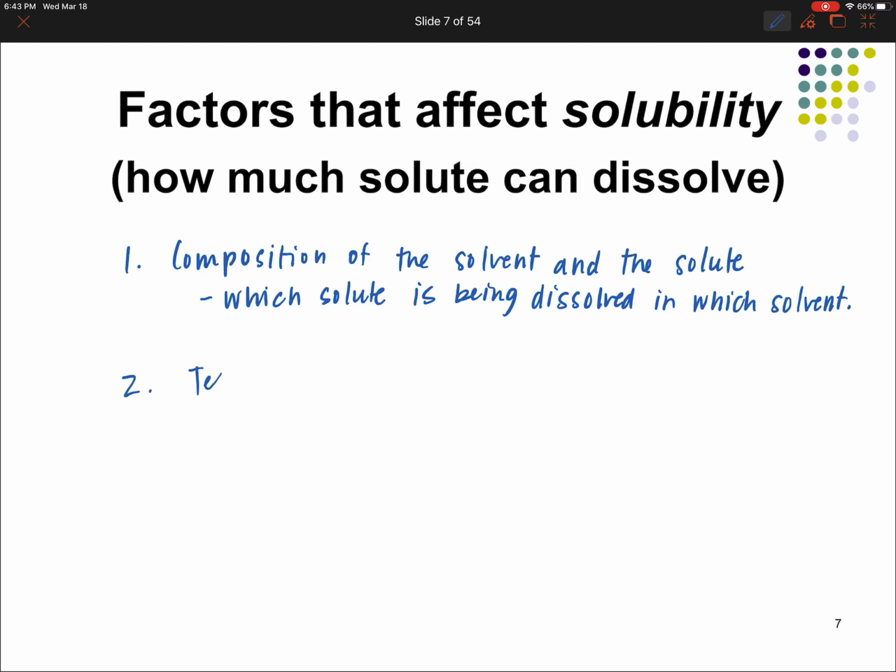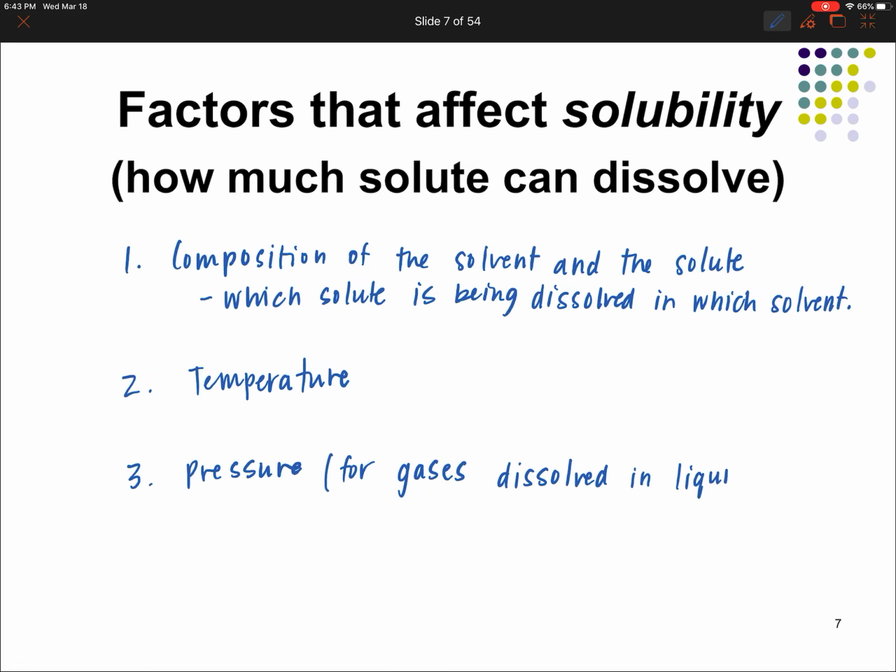Okay, 2 is temperature. Obviously, higher temperatures will increase solubility, how much solute can dissolve, and pressure. And pressure is only true for gases dissolved in liquids.